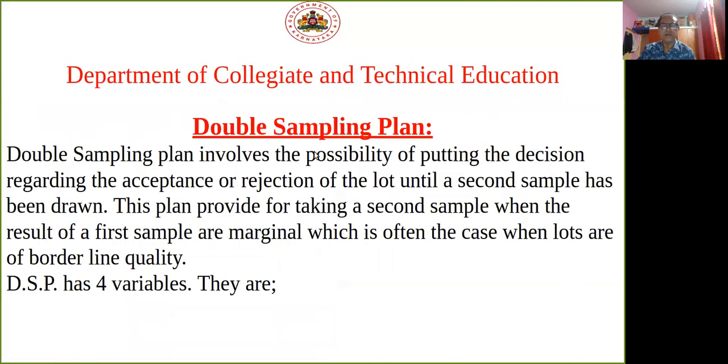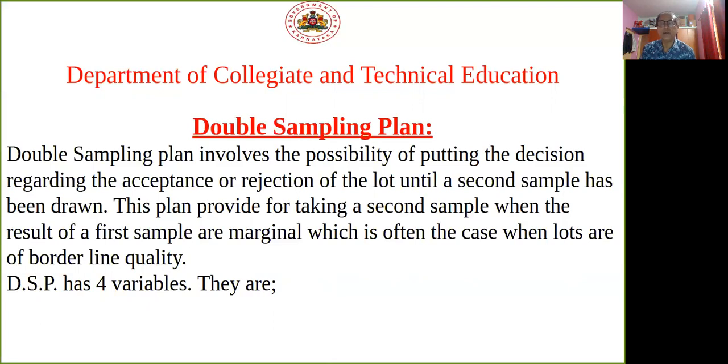So till now we have discussed the single sampling plan. In the single sampling plan, we have discussed how to get the acceptance number with the help of three formulas: the hypergeometric formula, Poisson's formula, and the binomial distribution formula.